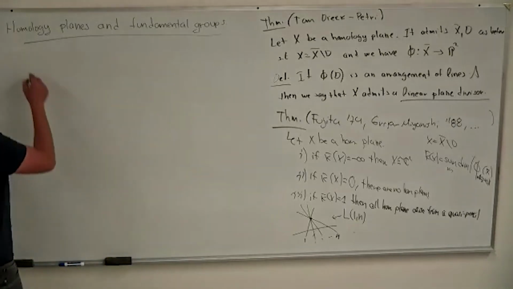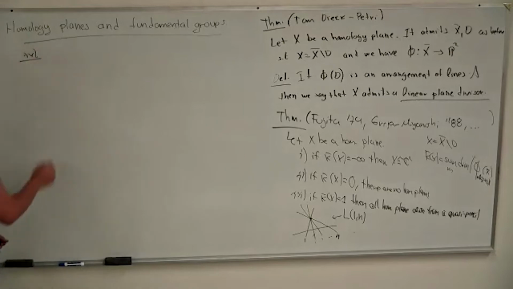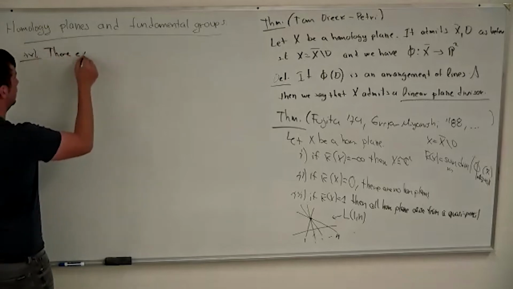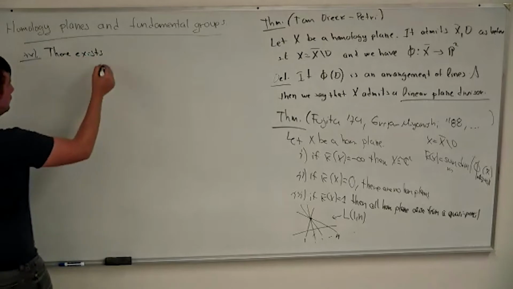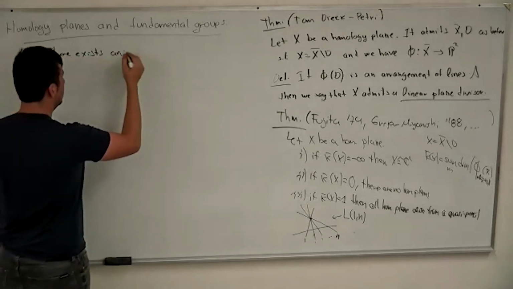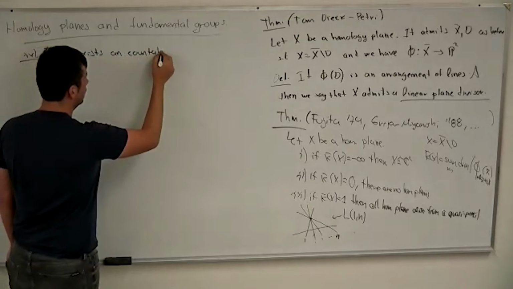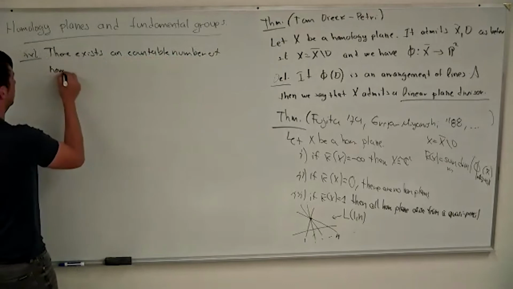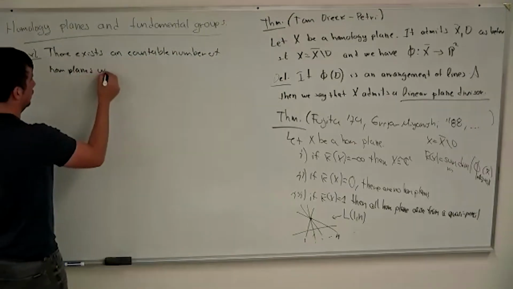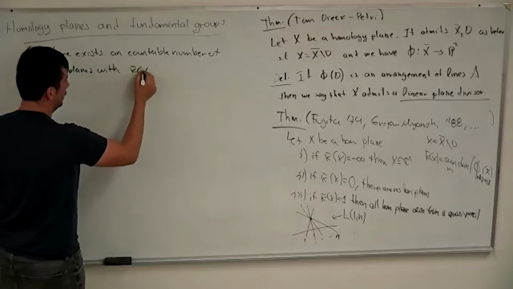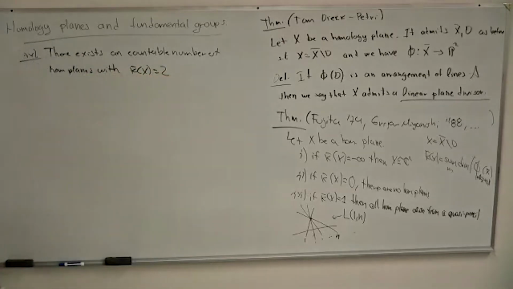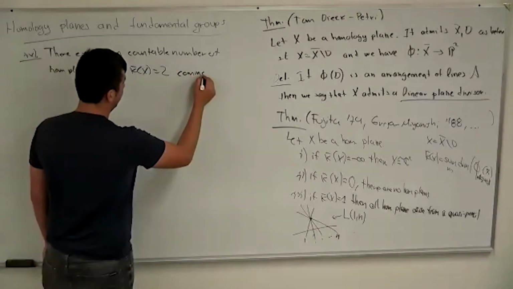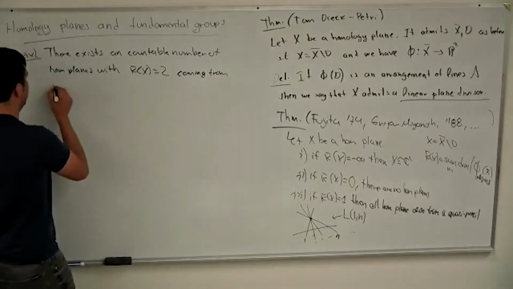And this was proved actually before the Seidenberg example. So it says that there exists an infinite, well, a countable number of homology planes with logarithmic Kodaira dimension 2, that is, of general type, coming from an arrangement of lines.